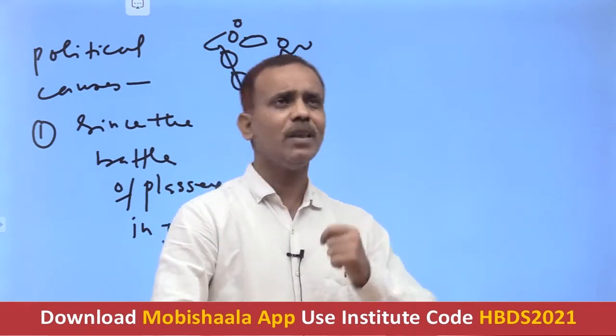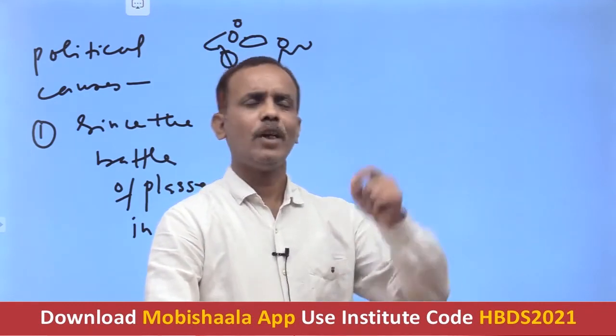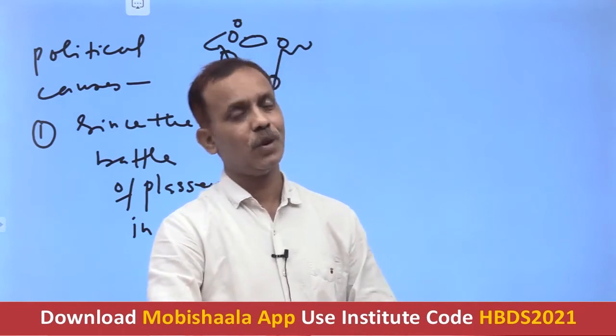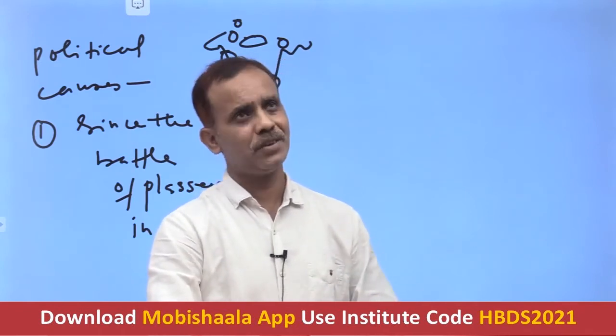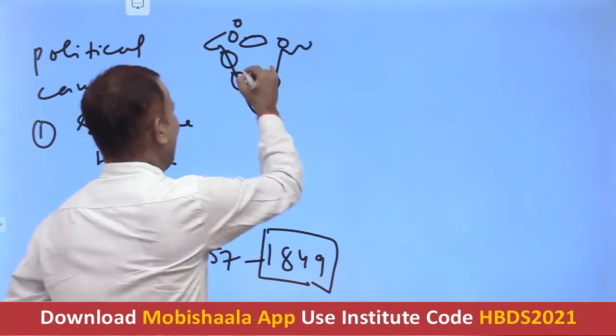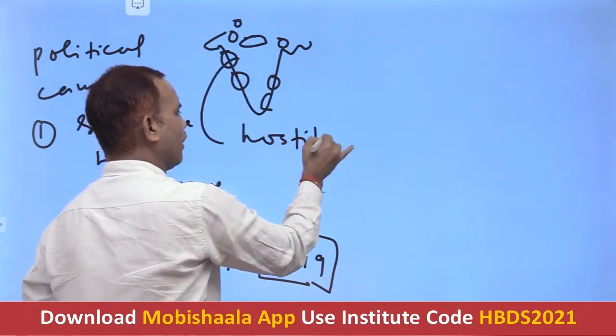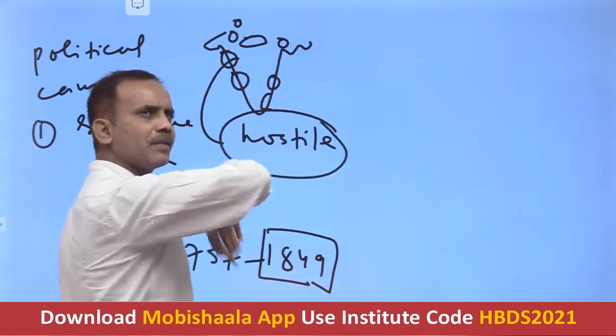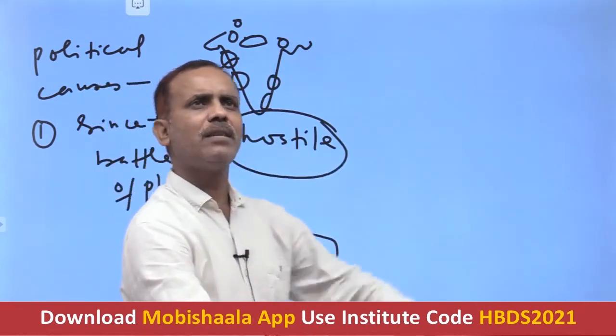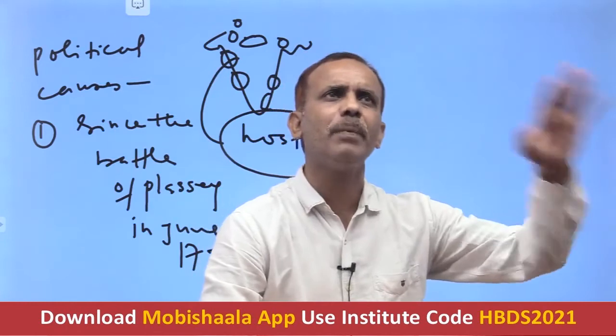It was natural that all those rulers who had lost their regions became hostile to British government.